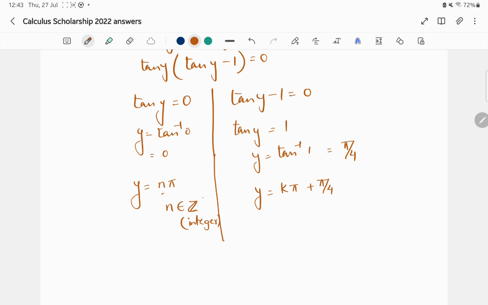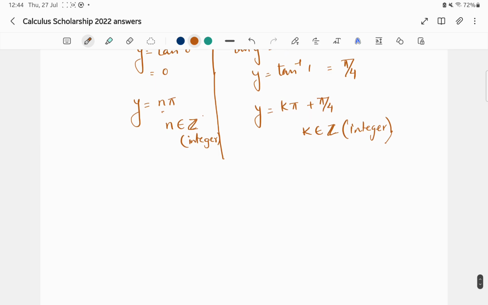The reason I'm using k is because it could be a different integer value there, right? So k also belongs to the integers. All right, cool. So from here, we have got the two values of y.